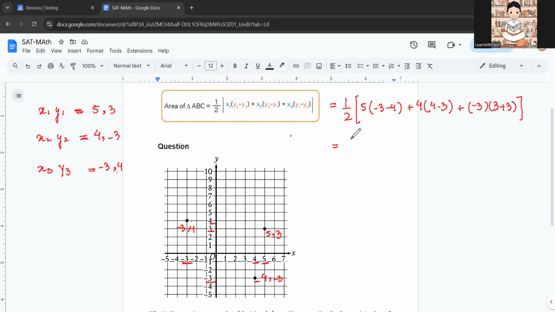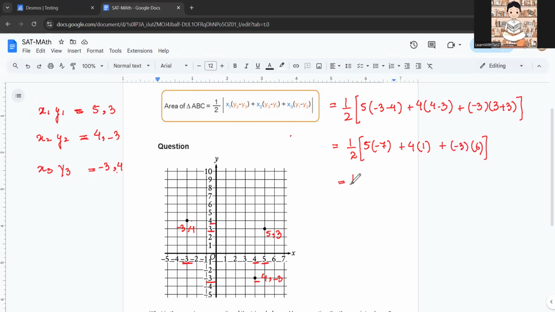Now simplify. 1 half, 5 as it is. Negative 3 minus 4 gives you negative 7. Plus 4. 4 minus 3 gives you a 1. Then plus negative 3 times 6.